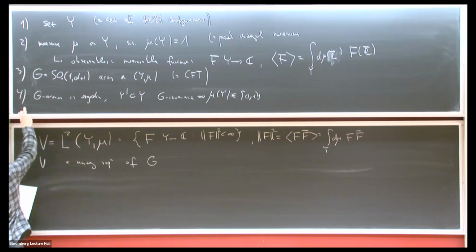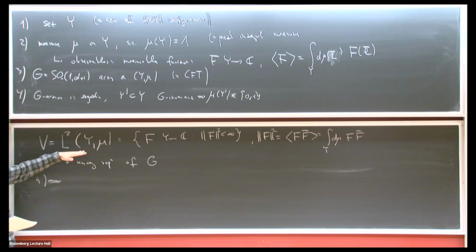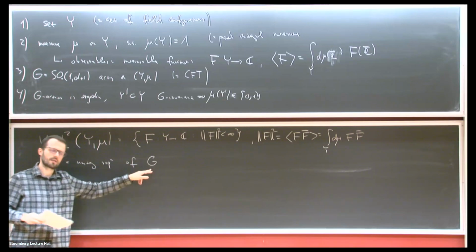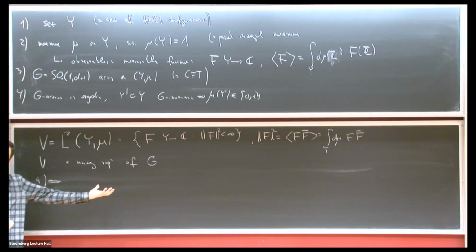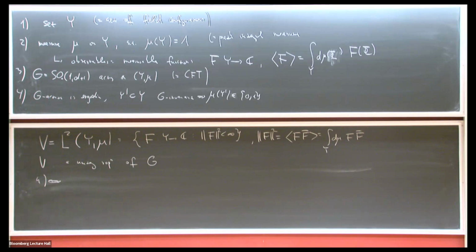And this property 4, this ergodicity, is equivalent to the statement that you can start decomposing this into irreducible representations of G, and you can ask how many times does the trivial representation appear? And ergodicity is just a statement that it appears once. So the space of G invariant observables in the L2 space is one dimensional.